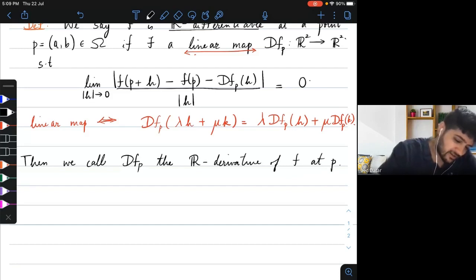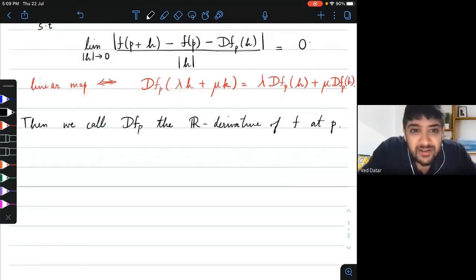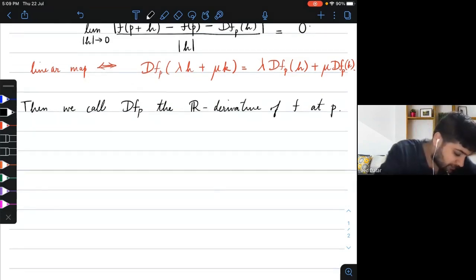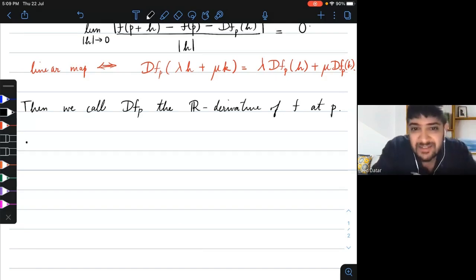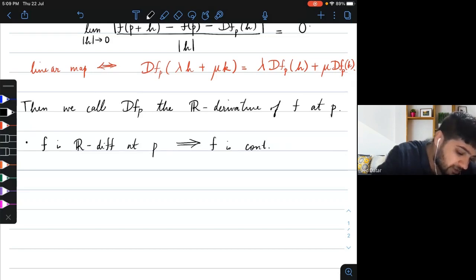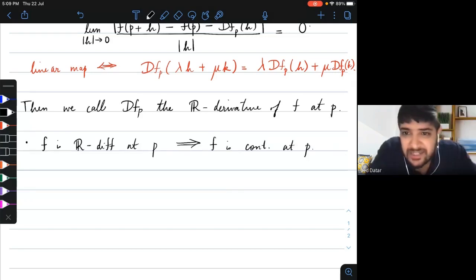Now a few facts that are well known: if f is R differentiable at this point p, then f is automatically continuous at p, exactly like we had in one variable calculus, and even for C differentiability.